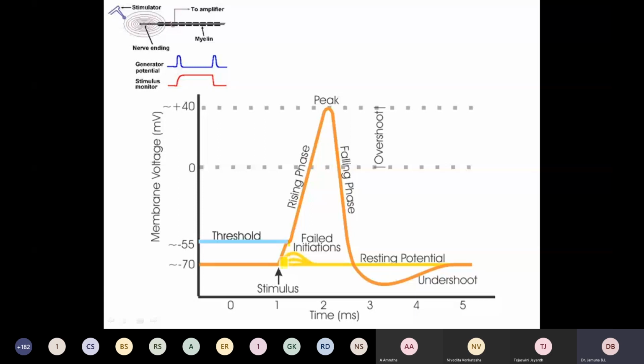Till then, a local potential is generated here, producing local membrane potential changes. But as the intensity of the stimulus increases and reaches the threshold level, the action potential gets produced. This action potential gets propagated along the neuron till it reaches the nerve ending.